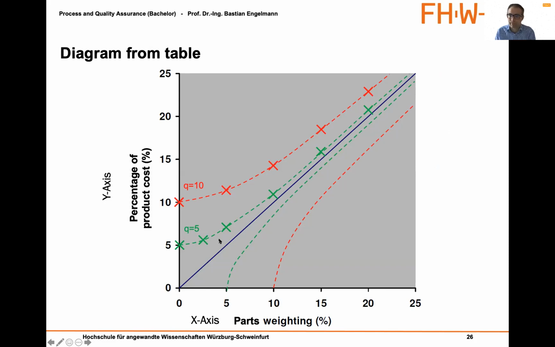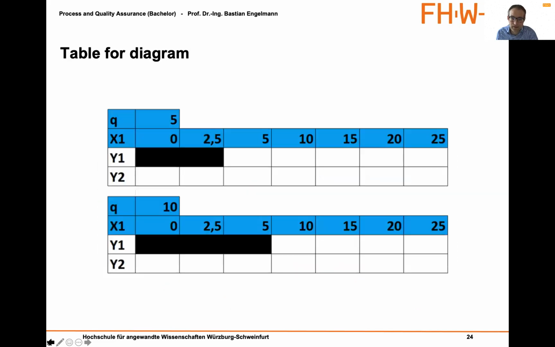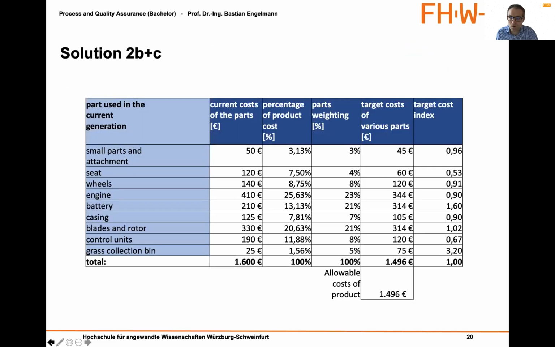So the question is, once again, what are the green and the red curves for? The curves give us a tolerance for our target cost work. So we can also say that when we have only these slight differences here for the small parts, which is from the target cost index, we saw it's almost 1, which is almost okay.